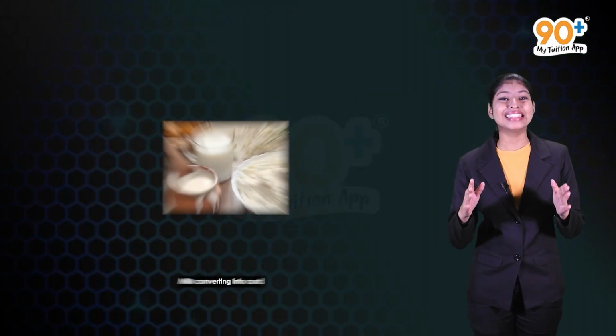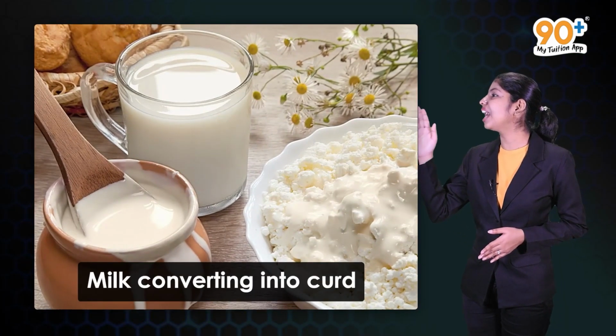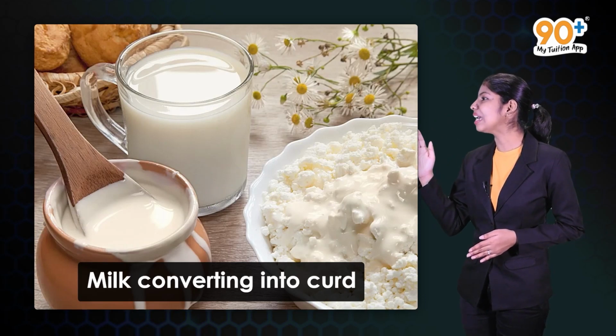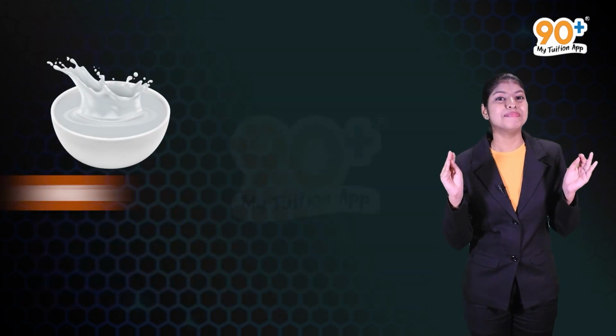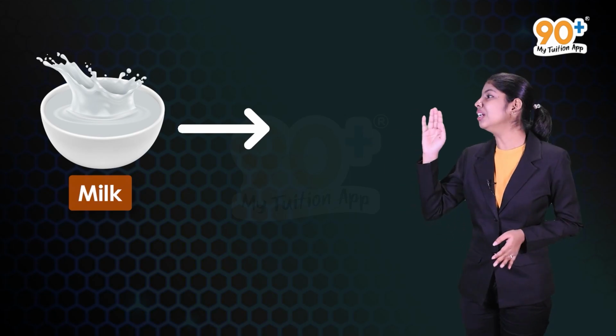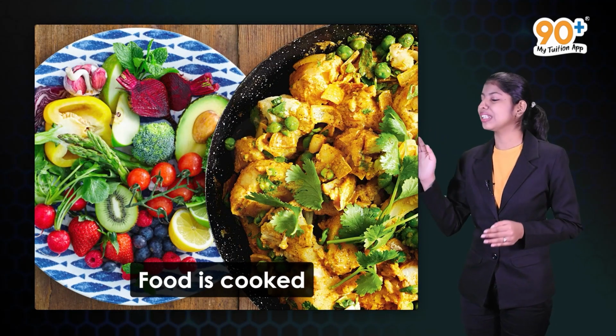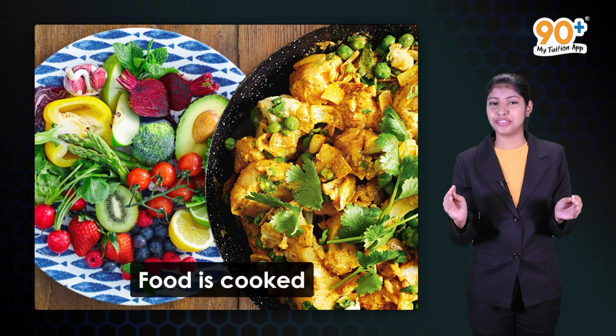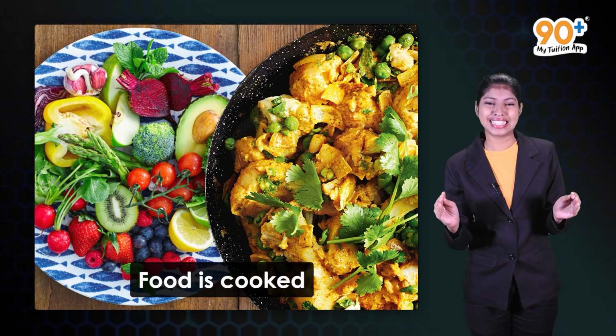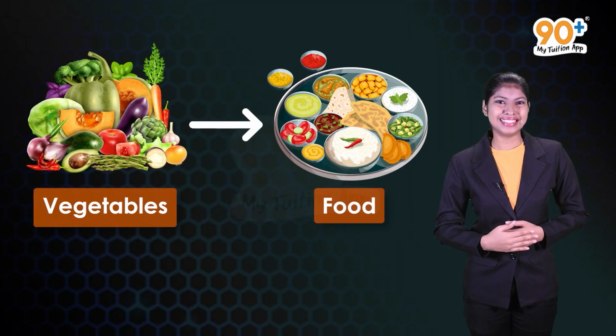And I'll give you some more daily life situations. That is, milk is left at room temperature during summers. We know that milk will convert into curd, right? And food is cooked. We know after cooking food, the nature of the initial substance, that is vegetables, will change, right?